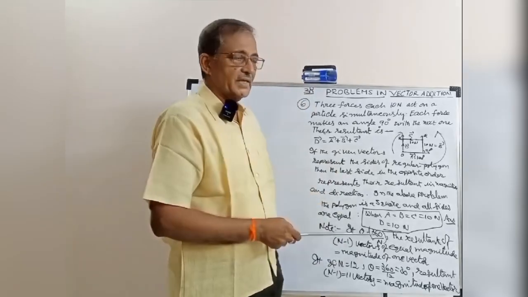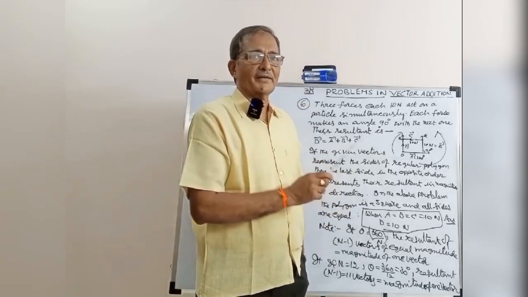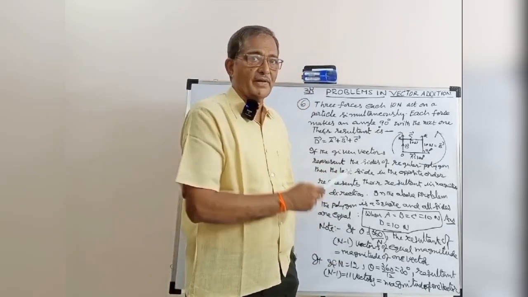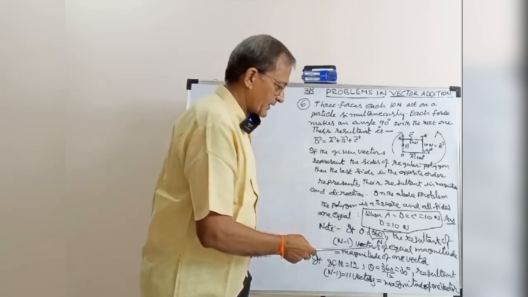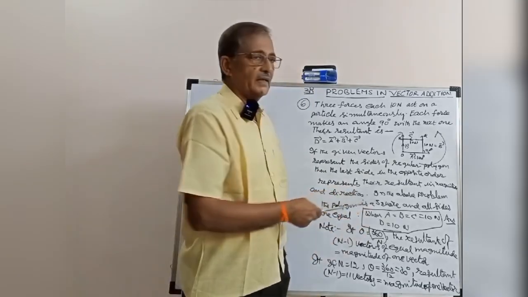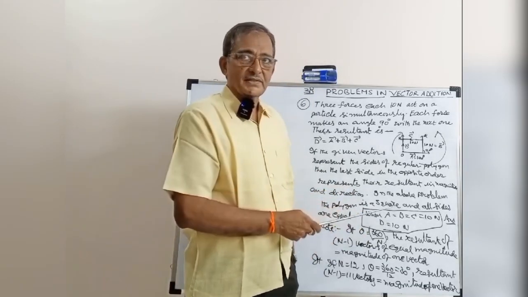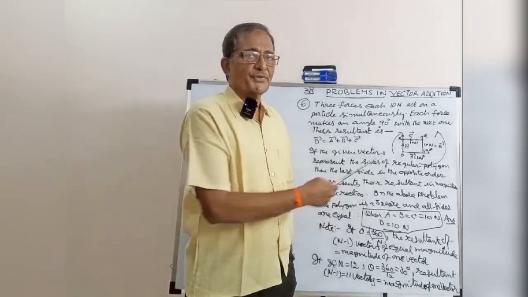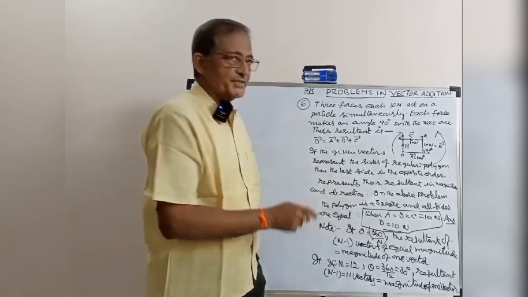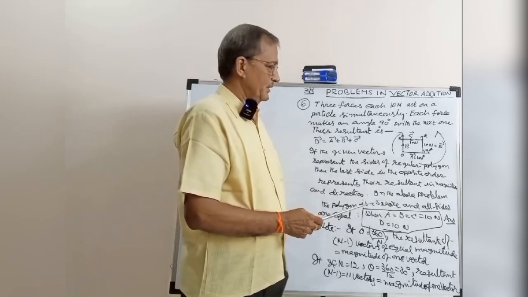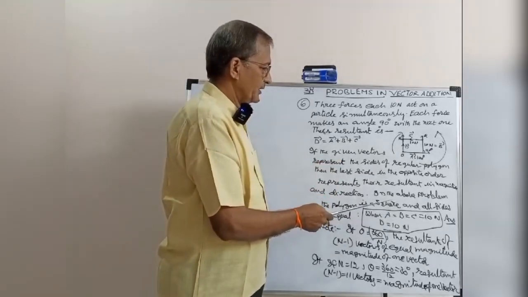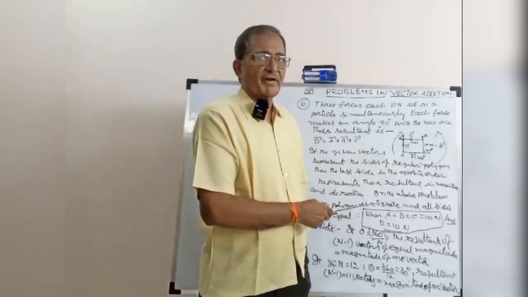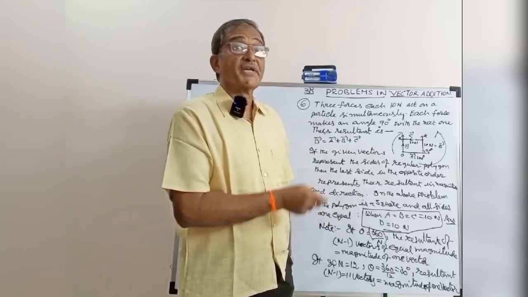So we have to consider a 12-sided polygon. The 11 sides represent the 11 vectors. Then the last side represents the resultant in the opposite order, whose magnitude is equal to one of the vectors. So this is the way in which we use the polygon law of addition for vectors of the same magnitude.